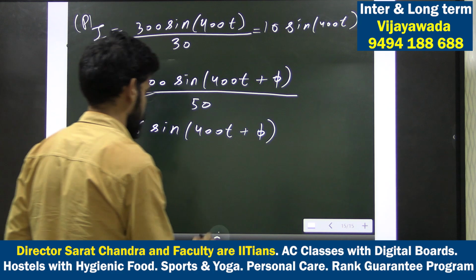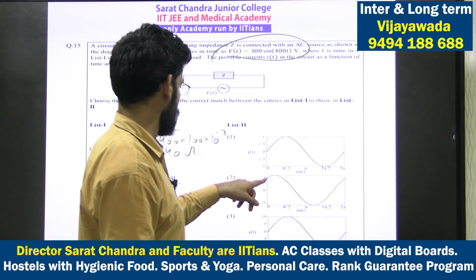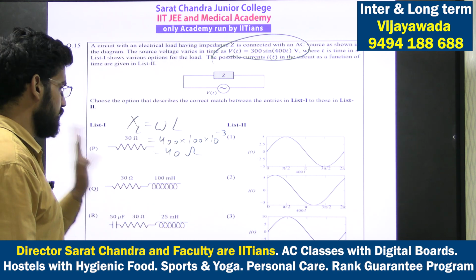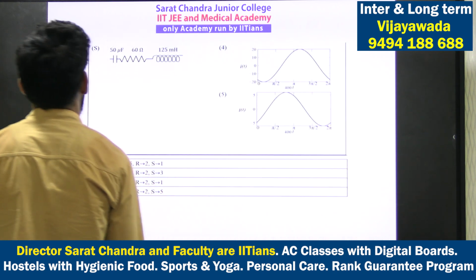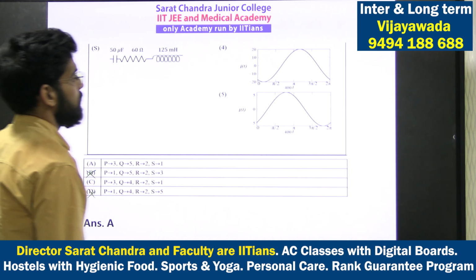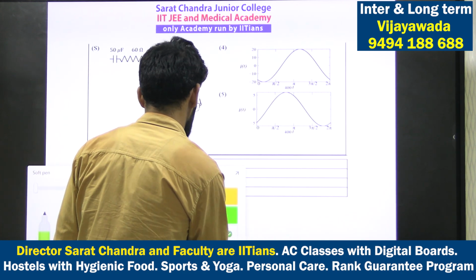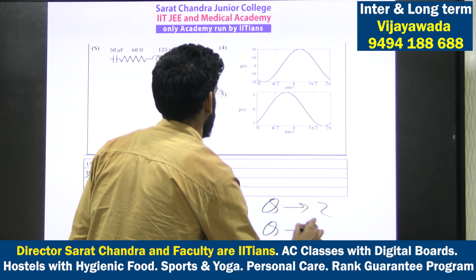So with the amplitude 6, sinusoidal curve with the amplitude 6, here I am able to see the second option. So Q has the second option possible, or Q has the fifth option possible.